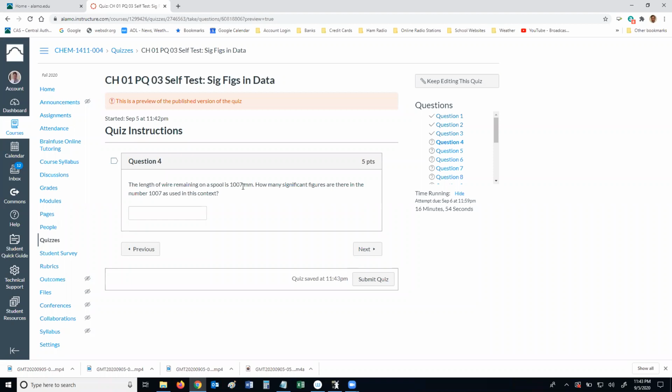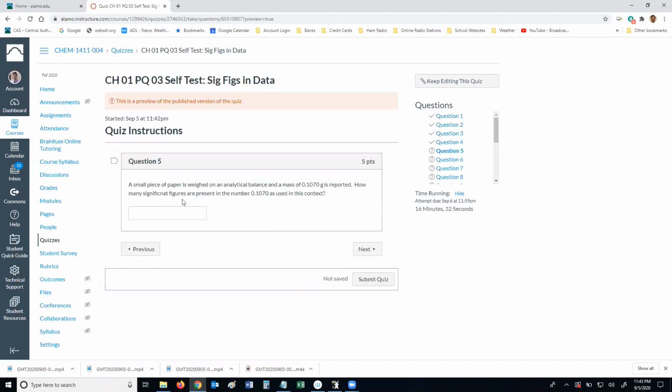All non-zero digits are significant in measured data. And then we got 2 zeros that are sandwiched in between the 1 and the 7. And zeros between significant digits are significant. So all 4 of those are significant. We will answer that we have 4 significant figures.